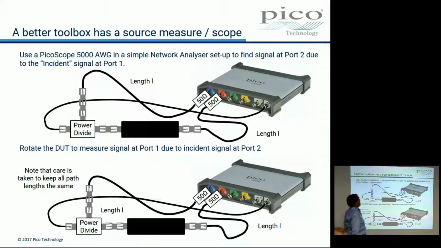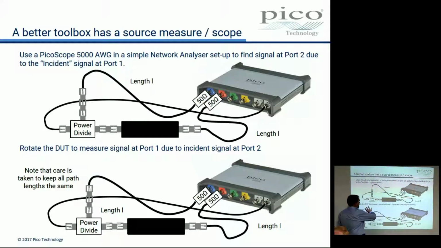So next I did this, because some people are lucky enough to have a really good source measure oscilloscope in their toolbox. So I got one here, and I took a signal from its AWG and pushed it through a power divider such that I could see its signal on the input. So I knew exactly what was being applied to the input. And then I put another cable on here to see what was on the output.